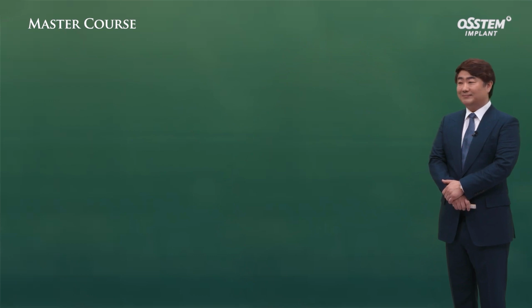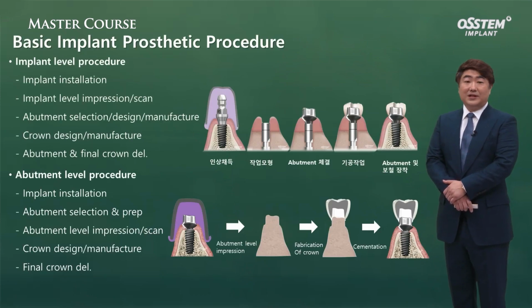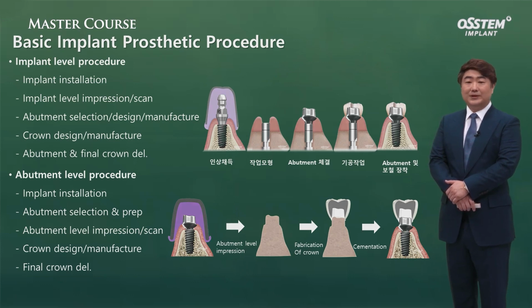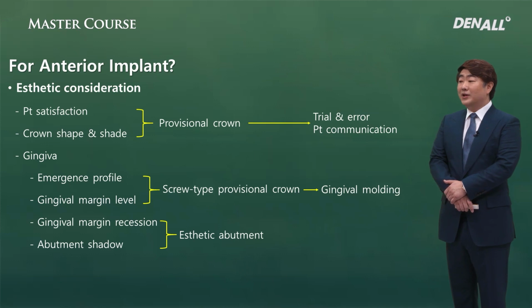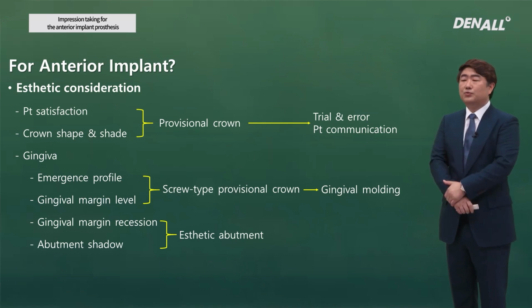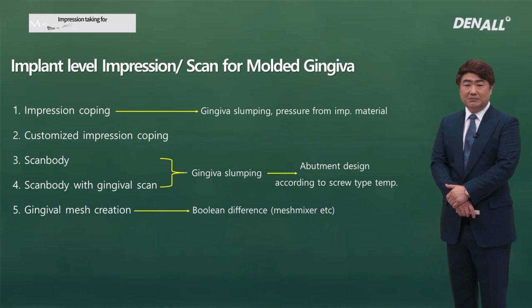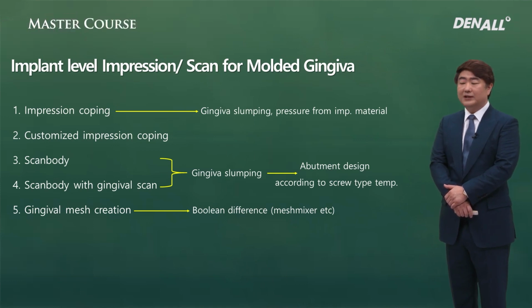So lastly, let me give you a summary. In the implant prosthetics procedure, basically, to take an impression, you have to do implant level and abutment level. And for aesthetics of the anterior side, a screw type temporary needs to be used for gingiva molding, and you have to reflect it in the final. Then the molded gingiva's running room area is included. This type of scanning way or impression taking way is possible.